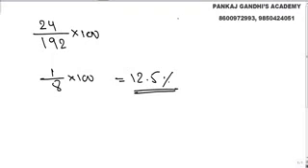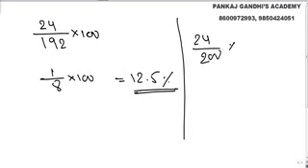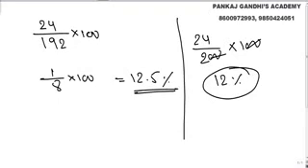But if someone does not know how to solve, let's say that person does it by approximation, and the answer is 12%. The actual answer is 12.5, but by doing approximation we got this.